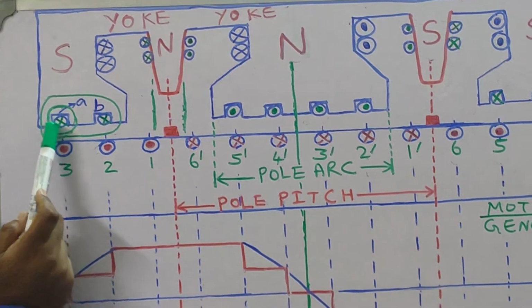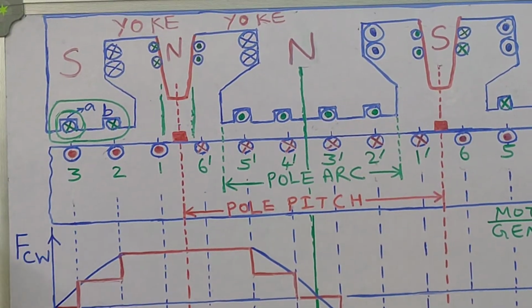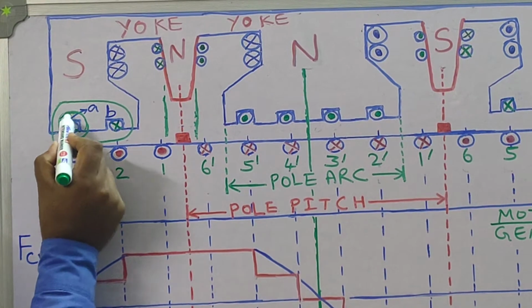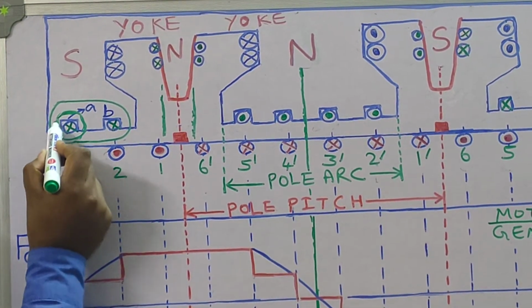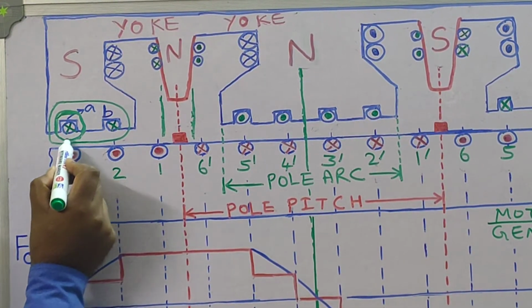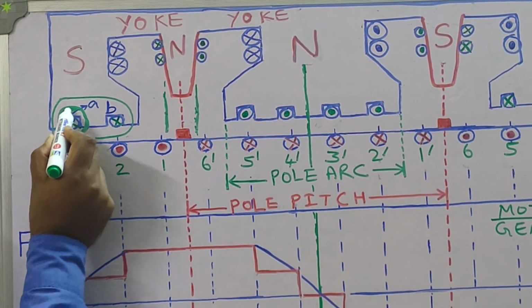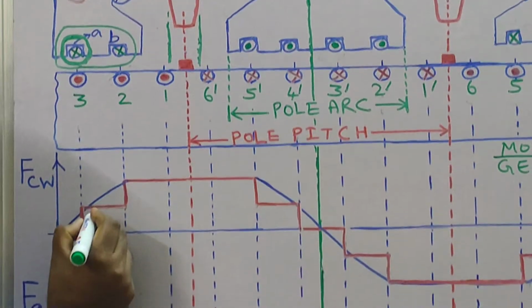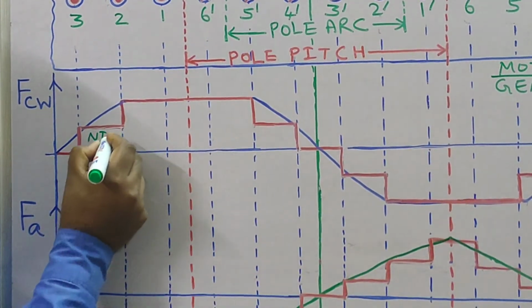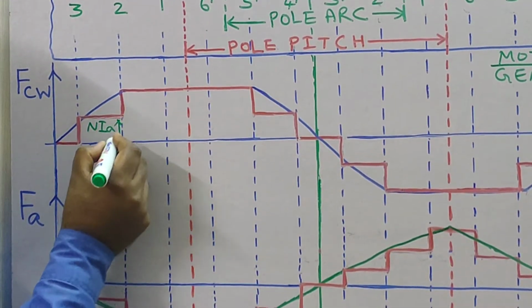So consider the MMF in this closed path. Along this path, what is the current enclosed? N into Ia is the current enclosed. So the MMF acting will be N into Ia.